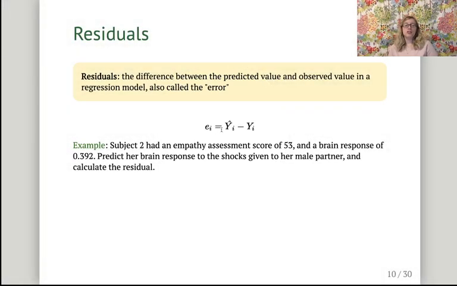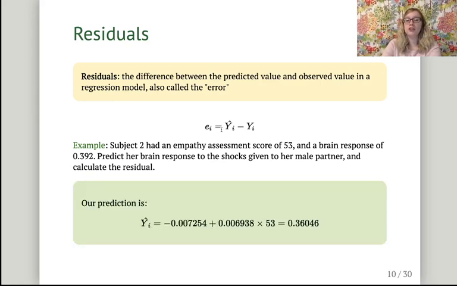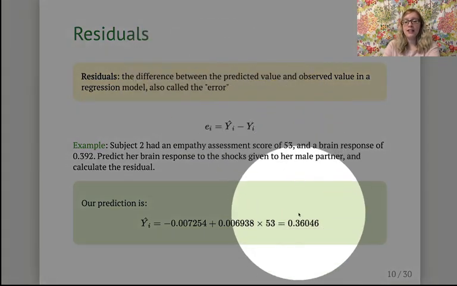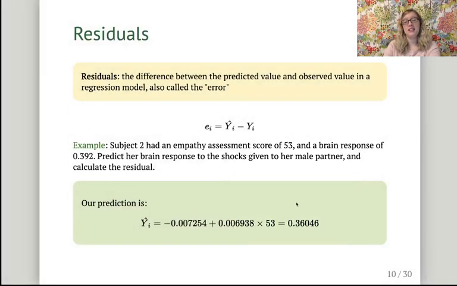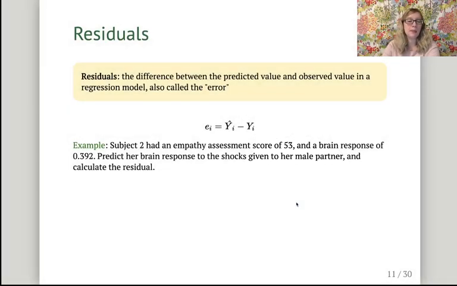So let's look at subject 2 in this data set. Subject 2 has an empathy assessment score of 53 and a brain response of 0.392. Let's predict her response to the shocks that her male partner is receiving. We'll do the prediction first, so we'll plug in 53 to our linear model. My predicted value then is 0.36. We predict that she'll feel about 36% of the activity.